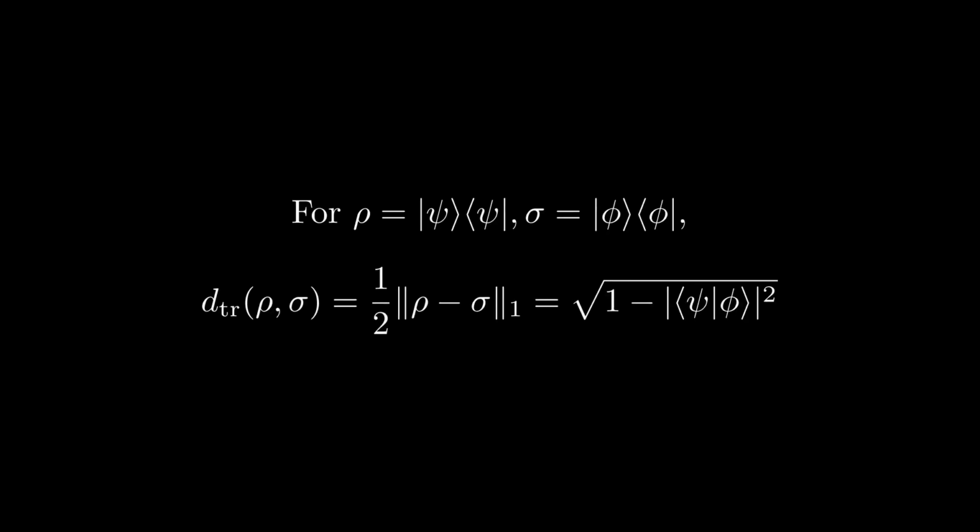Getting back to the actual trace distance, it should be noted that if both states are pure, we can write this trace norm in terms of the inner product of psi and phi. Note that there is no phase ambiguity here like there was in the L2 case. This is one of the main reasons why the trace norm is typically taken as a standard metric for comparing states in general, alongside the fact that it also gives us a way of comparing mixed states.